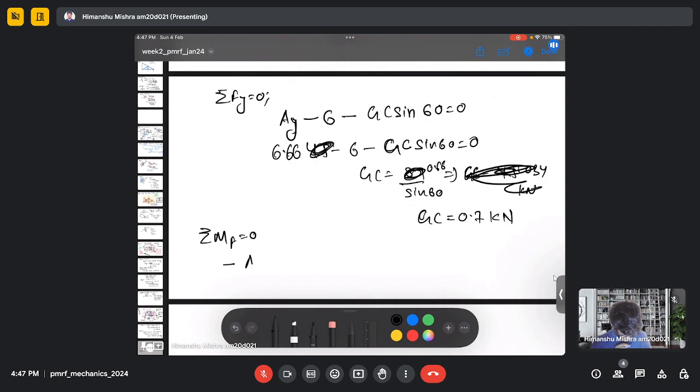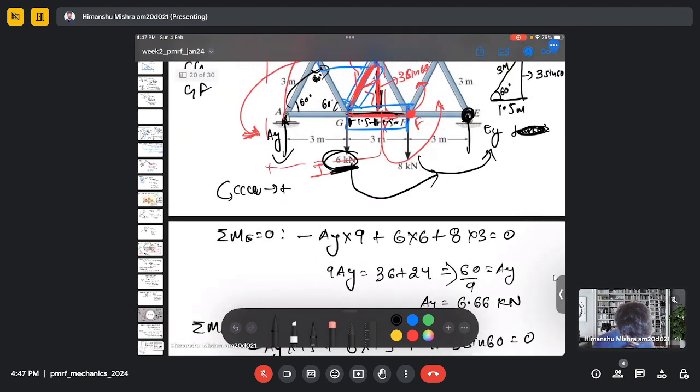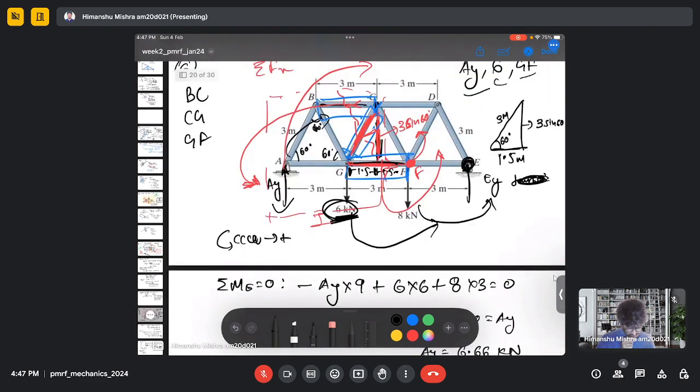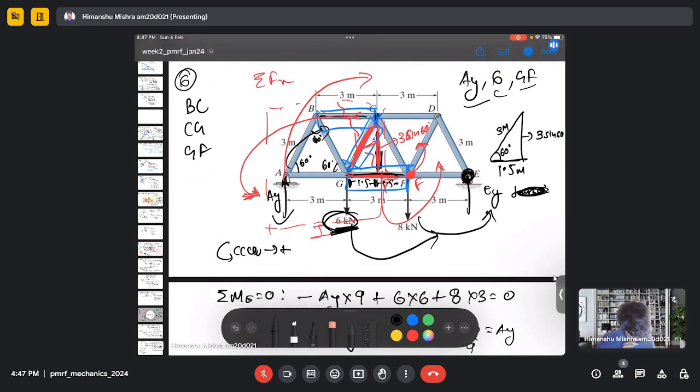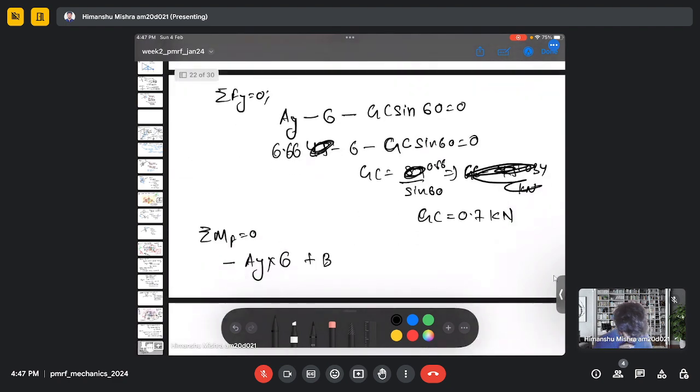So we have AY multiplied by 6. Then we have BC, and it is going counterclockwise, 3 sine 60. This is the normal distance.